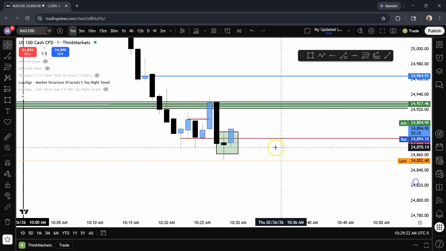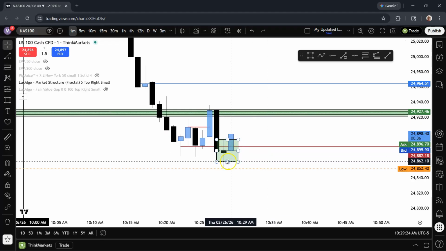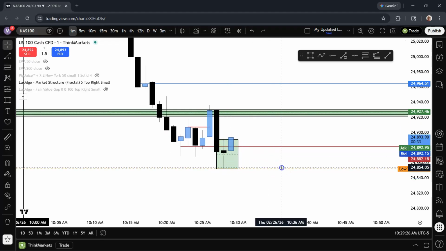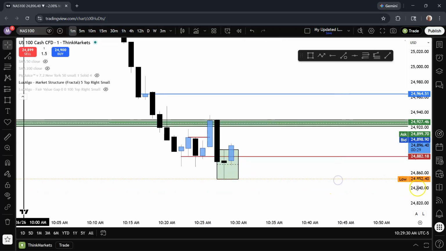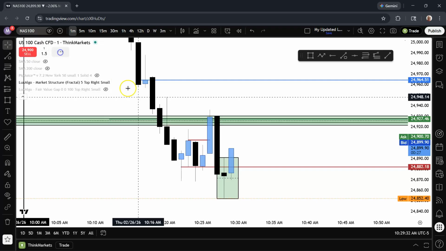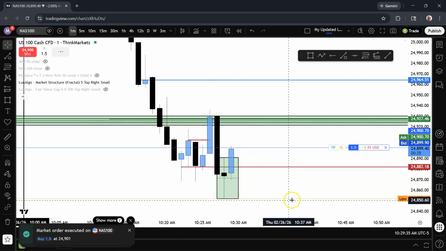Remember my strategy? If it goes above the doji candle, we go in for a buy. So I'm going to go in for a buy if it closes above and see what happens. We're going to get in right now. I'm in for a buy.